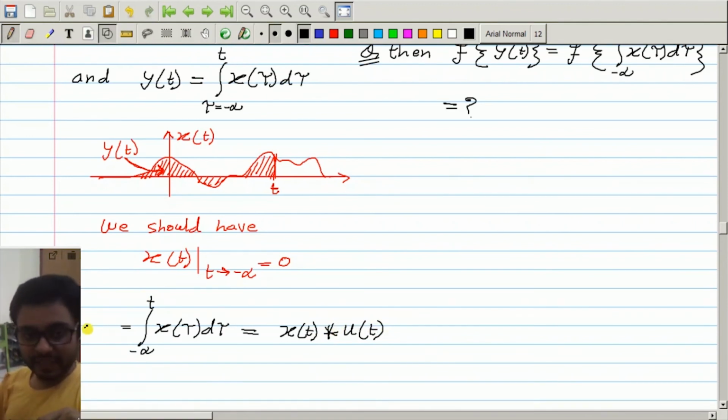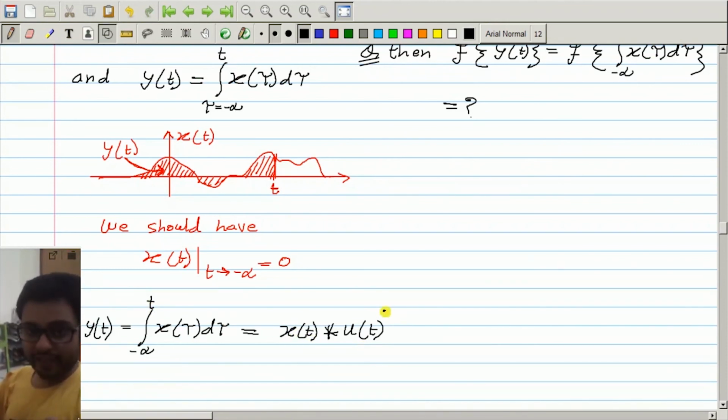This is something that we have seen in our first week of this course. So you should be familiar with this idea that integration of x from minus infinity to t is same as the convolution of x with unit step function.